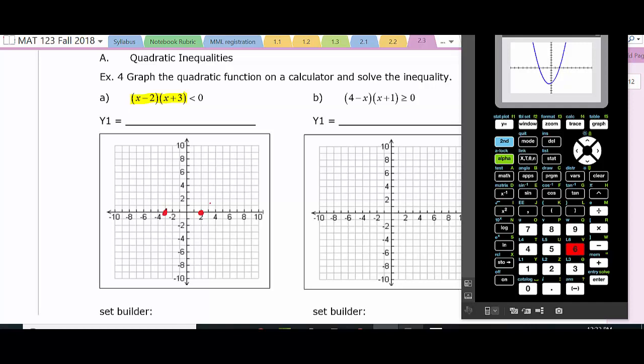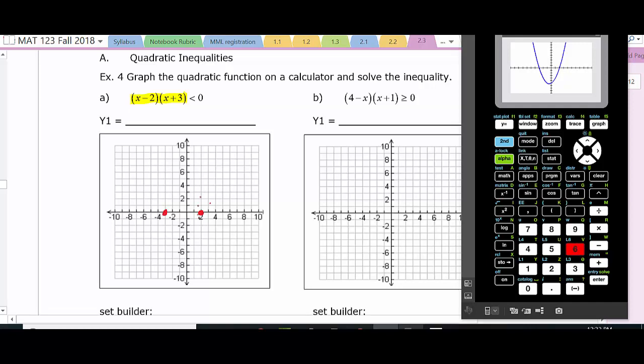That's an x-intercept. The 2 came from 2 minus 2 is 0. What it really is, if you solve the equation x minus 2 is 0, then you get 2. If you solve the equation x plus 3 is 0, you get negative 3. Those are the x-intercepts.